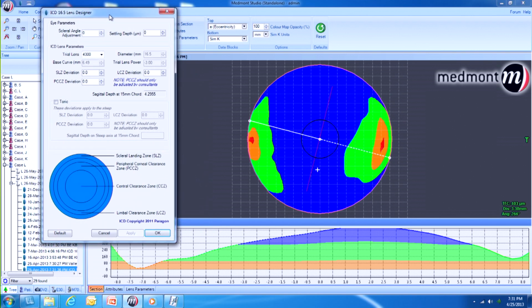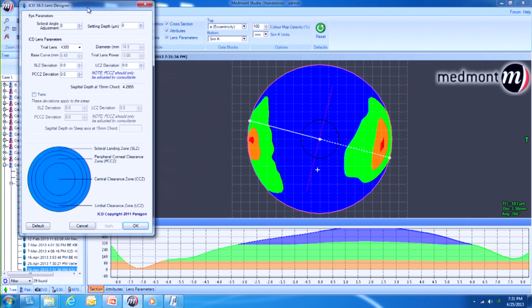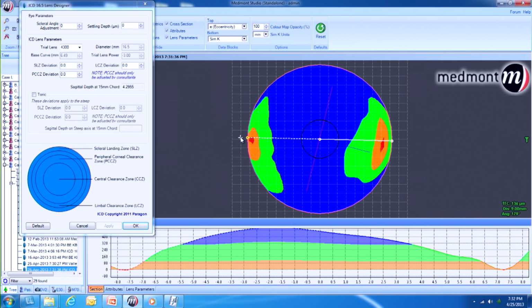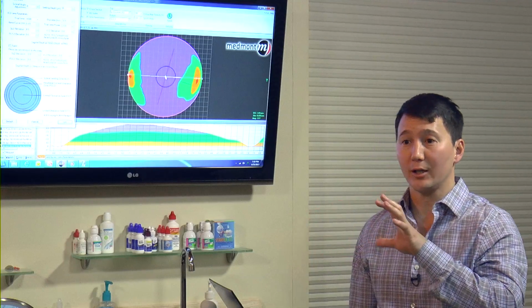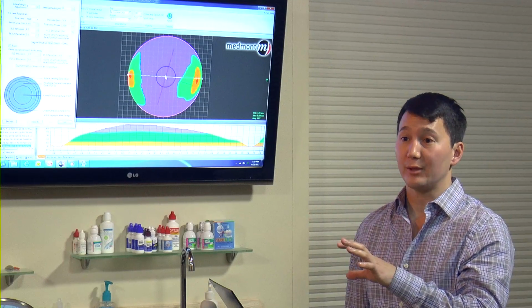With a scleral lens, we're dealing with upwards of 100 microns of fluid. So here's our theoretical lens, and what you're looking at is if we take the white axis line to the horizontal, we click our cursor in the center, it says we have 470 microns of fluid. We teach our students at Pacific to start with approximately 400 because we know scleral lenses can sink into the boggy conj by up to 250 microns.